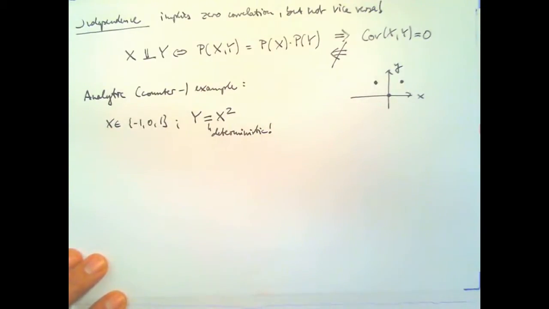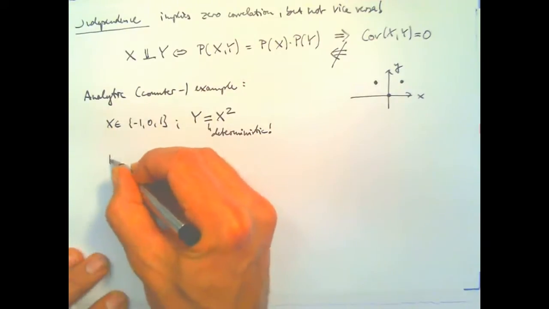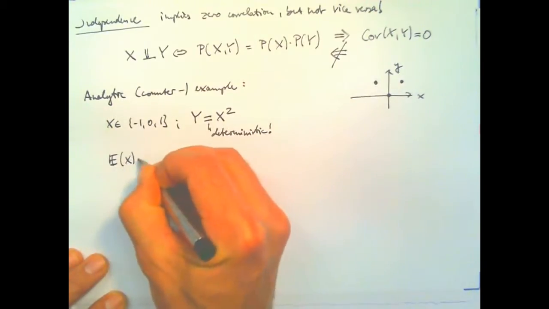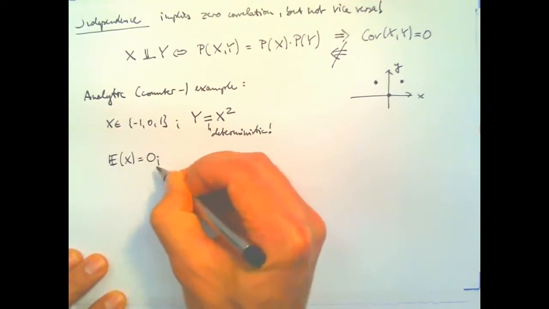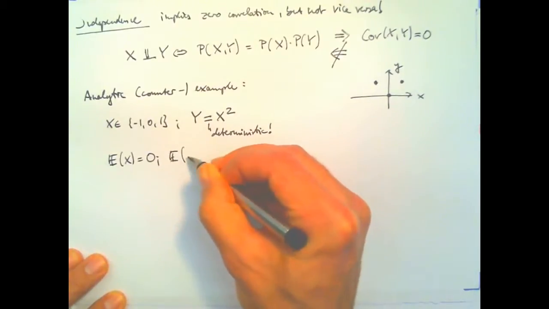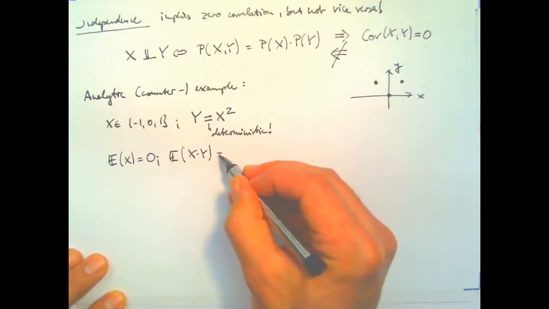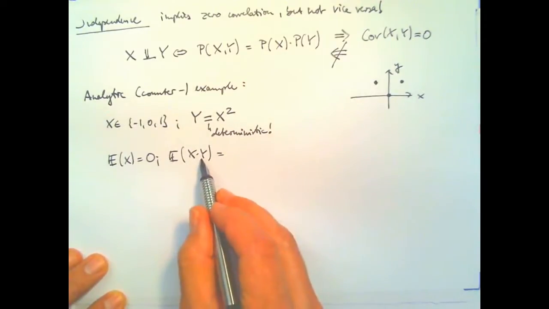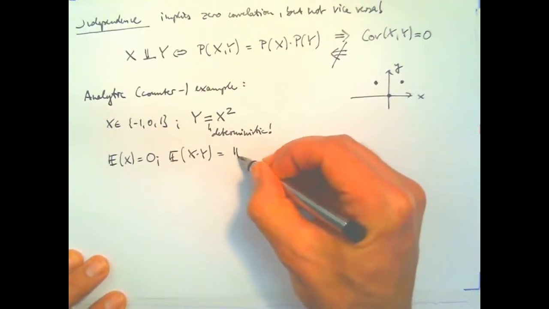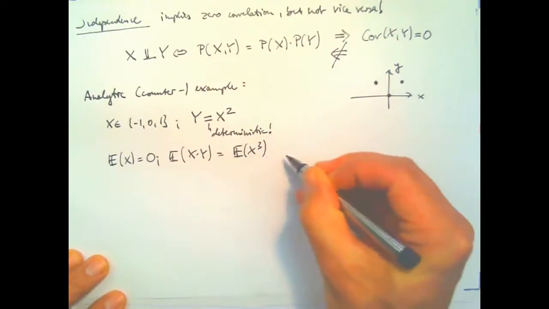However, the expectation of x is 0, and the expectation of x times y, if we insert the definition of y here, is the same as the expectation of x to the third, which is also 0.